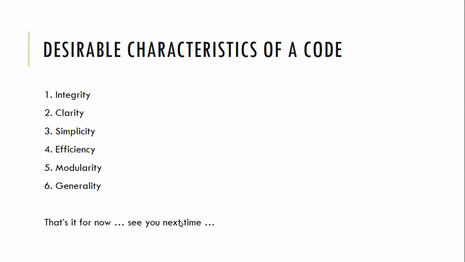The fifth point is modularity. Many programs can be broken down into a series of identifiable subtasks. It is a good programming practice to implement each of these subtasks as separate program modules. In C, such modules are written as functions. We have come across the term function in our second slide, isn't it?